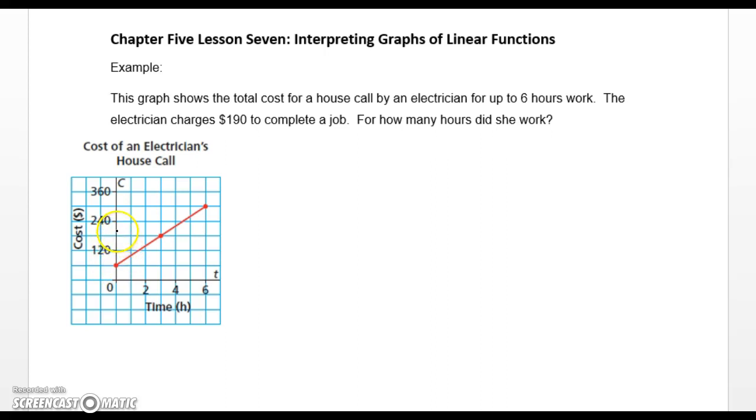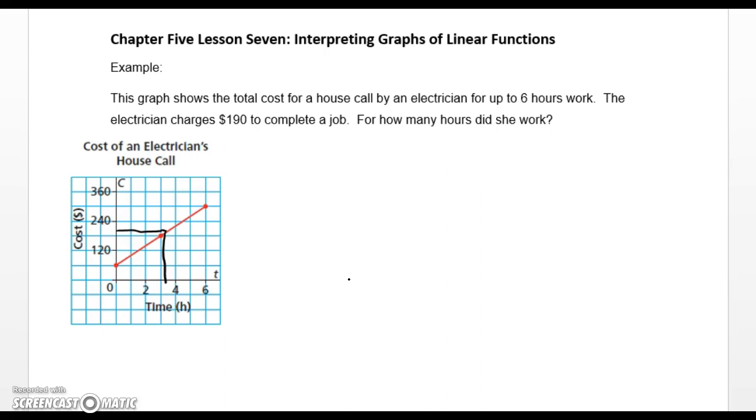So going up to just a little bit above might give us $190. So you can estimate a value, which, I don't know, you might want to say is 3.25, maybe 3.5. But because we're estimating here, we don't really know exactly what it is, so we could get that answer wrong.